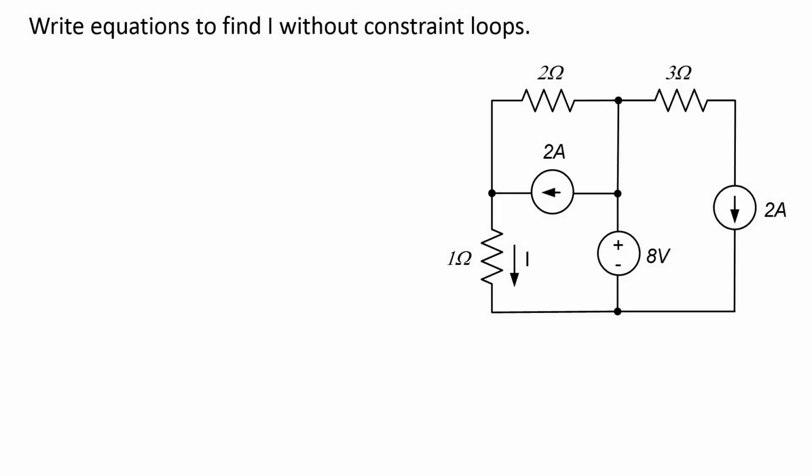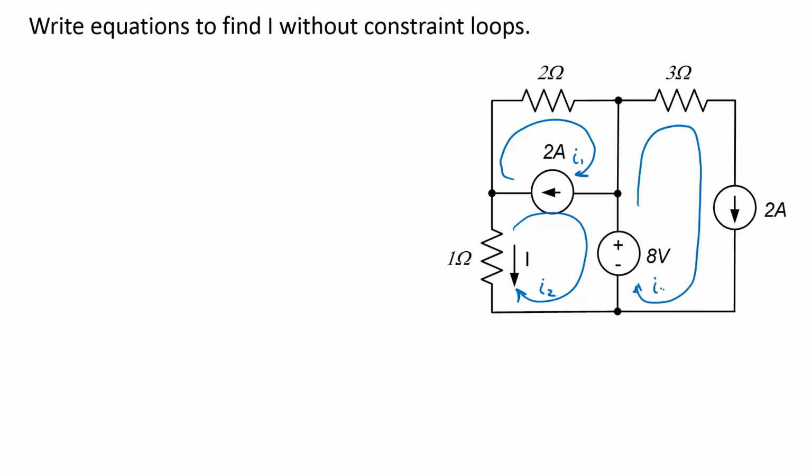If I don't use constrained loops, I have mesh currents that go around the perimeter of every single enclosed non-overlapping area in the circuit. So this will be a mesh current. I'll call that I1. This down here will be a mesh current. I'll call that I2. And this will be a mesh current that I'll call I3. Now I need to account for the unknown voltages across the current sources.